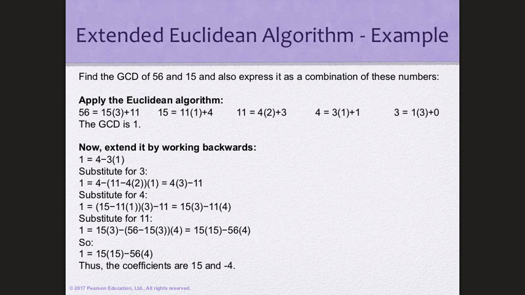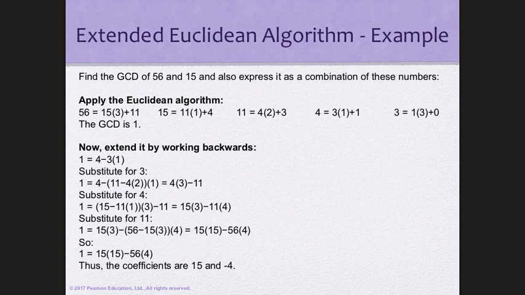1 is equal to 4 minus 3 times 1. 3 is equal to 11 minus 4 times 2. 4, the remainder, is equal to 15 minus 11 times 1. 11 is equal to 56 minus 15 times 3. That's the substitution that we have been trying to do here. Substitute for the 3, substitute for the 4, substitute for the 11.